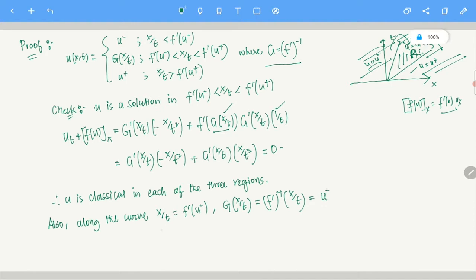See, x by t equals f prime of u minus, so f prime inverse of x by t is u minus on that curve. Now along the other curve you can do the exact same thing. You can show that g of x by t is u plus. Clear? Therefore u has no curve of discontinuity, so u is continuous.